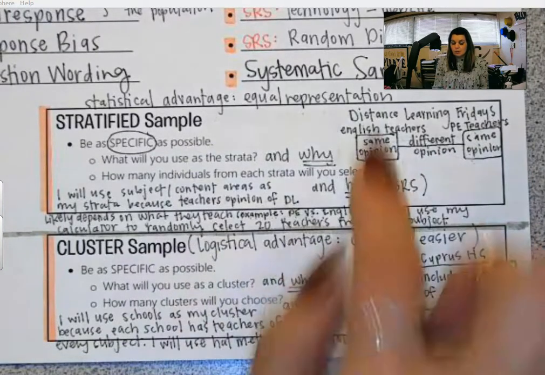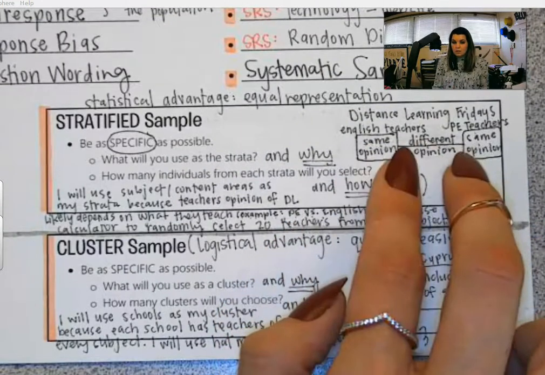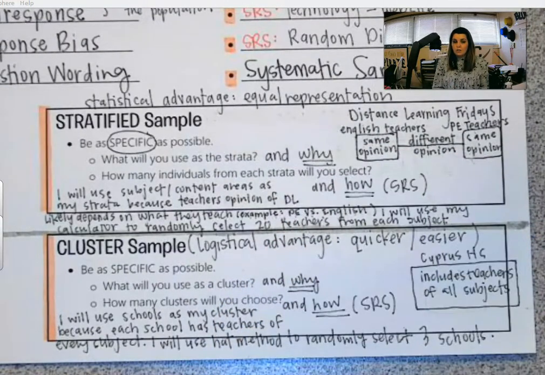So that's my reminder that the strata look similar, but if you compare them to each other, they are different. You have to combine your strata in order for your sample to be representative of the population.